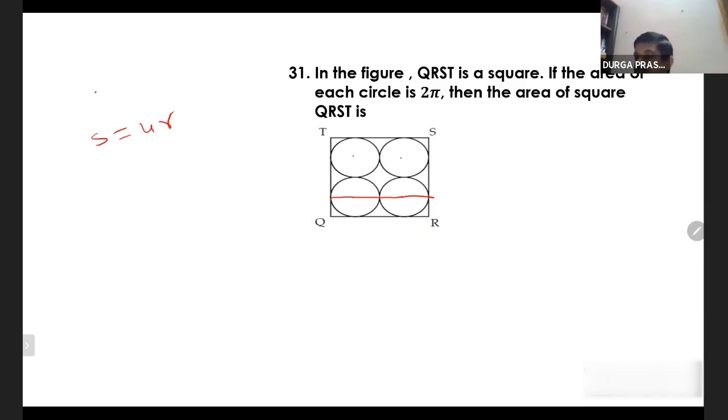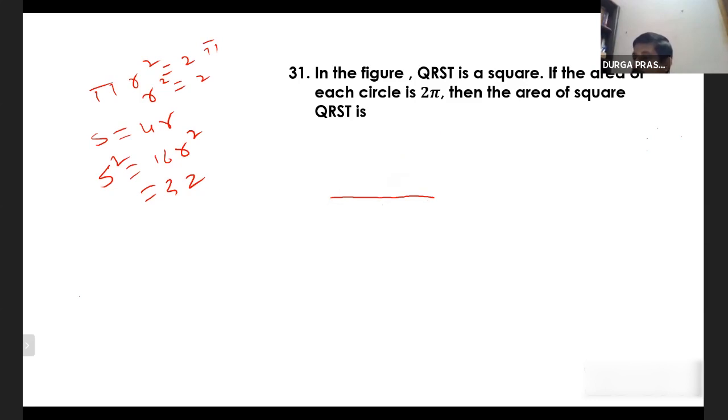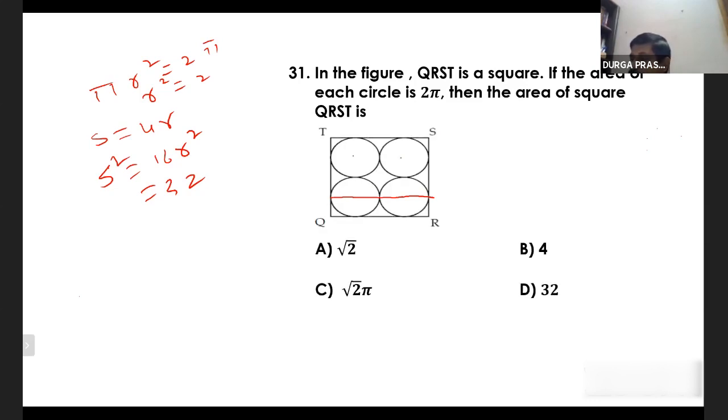We are given pi r square equal to 2 pi. So r square equal to 2. Area of square is 16 r square. That is 32. Option D.